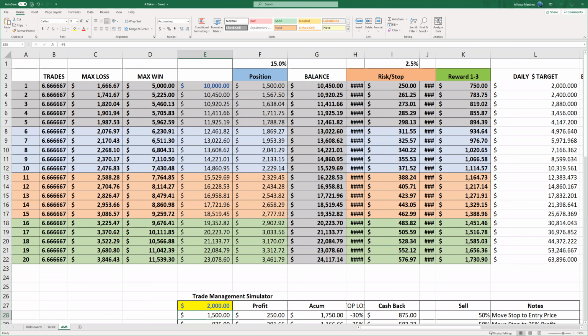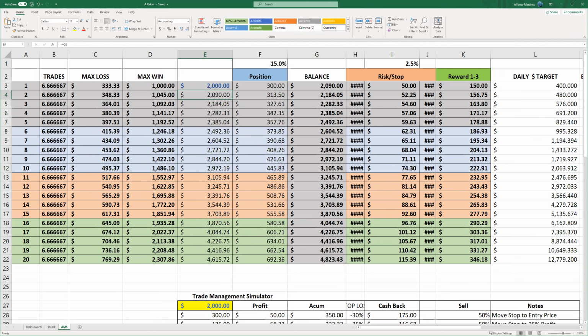If you really wanna grow that account from 2,000 to 25, the only way to do it is to compound your profits. And what I mean by compounding your profits is, if I have $2,000 and I take one trade, for example, my position is going to be 3,300 to risk 50, right?